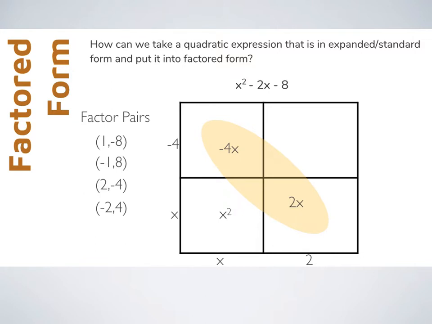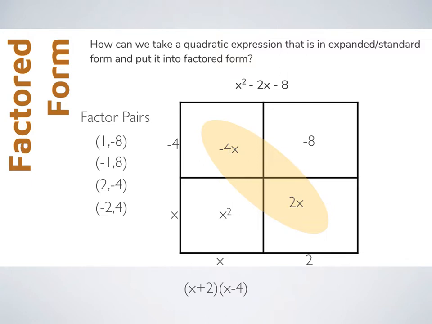Then x times 2 gives me 2x, -4 times x gives me -4x, and then -4 times 2 gives me -8. So if I were to actually write it all out, I have to remember that the negative in front of the 4 means x minus 4, and then I have x plus 2 across the bottom. So my factored form would be x plus 2 times x minus 4.